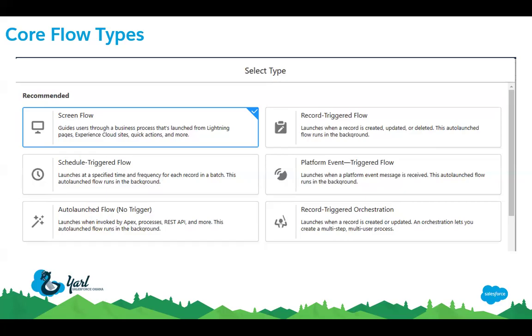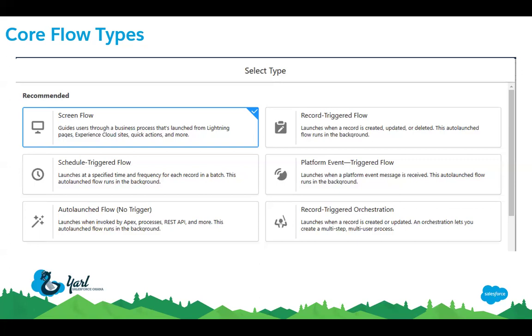So what we can do is, in the record triggered flow, there are different conditions. When should it trigger? When you are creating new records, or when you are updating records, or both scenarios, or when you are deleting something. And what is the condition? What should happen? You are checking some conditions, or you are sending an email, for example.